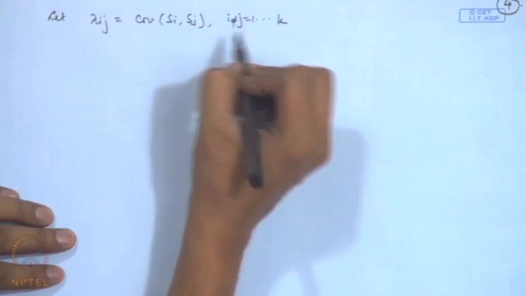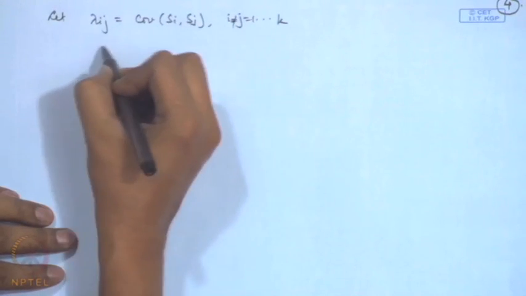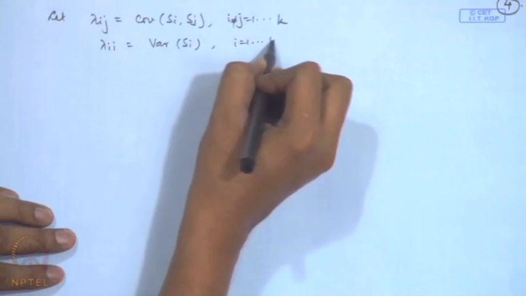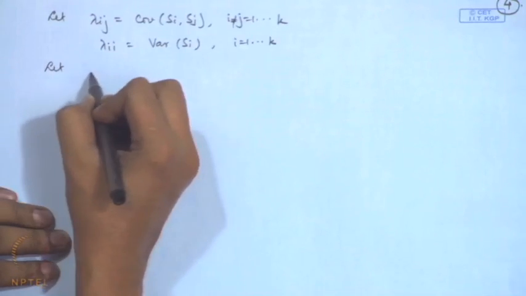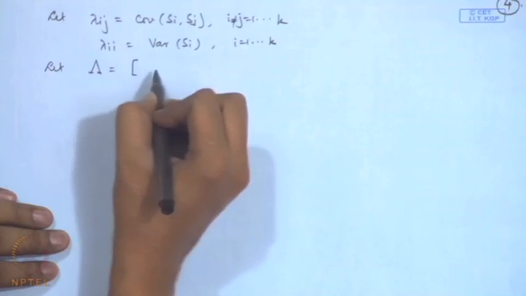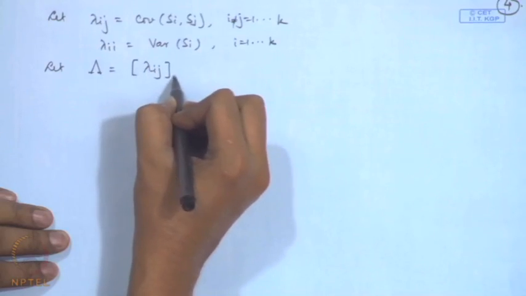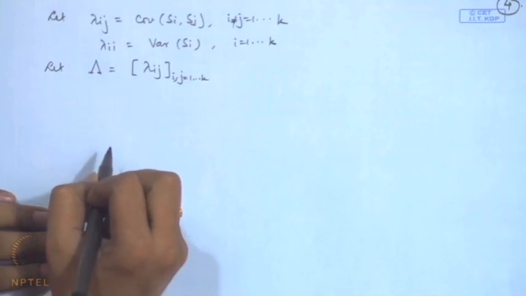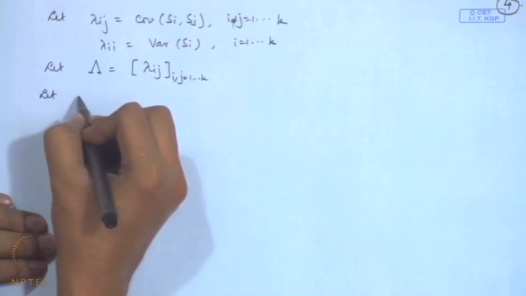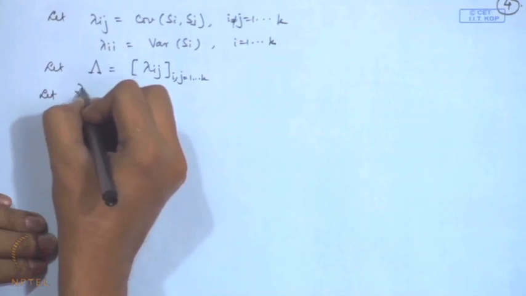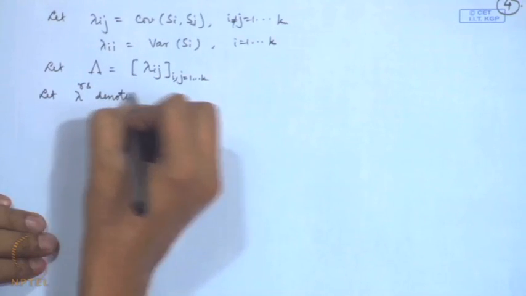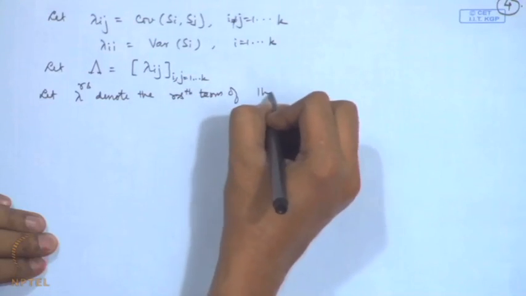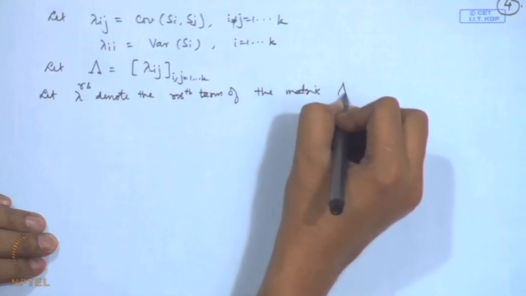So, if i is not equal to j, then this will be the covariance, and lambda_ii is the variance of S_i for i equal to 1 to k, and let lambda be the matrix of lambda_ij's for i, j equal to 1 to k. Let us denote by lambda^{rs} the rs-th term of the matrix lambda inverse.